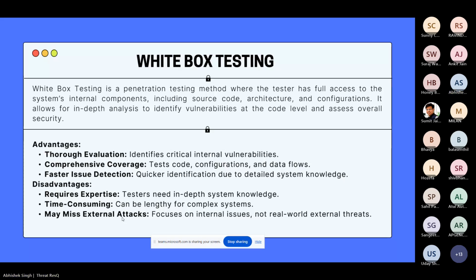So it can cover a lot more vulnerabilities. The third one will be faster issue detection, the quicker identification due to detailed system knowledge. The analyst will be able to find vulnerabilities a lot faster because he has all the information he needs to perform the VAPT.